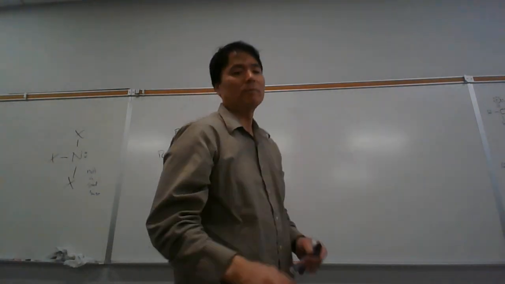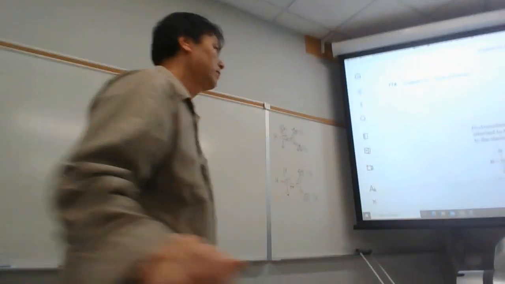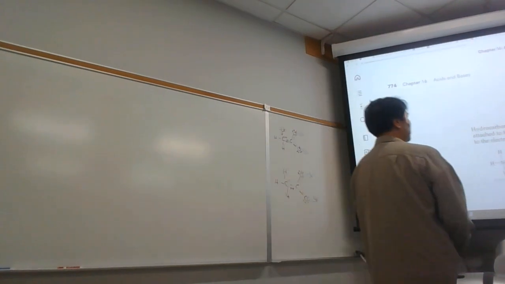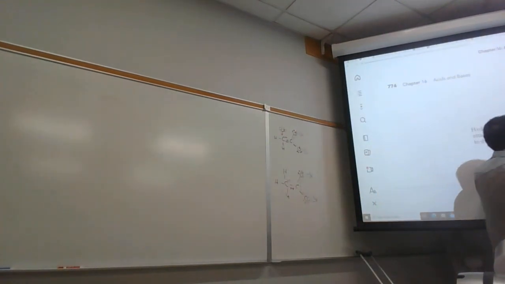So in other words, we want more negative charge. How would you explain this, ammonia versus bromamine? You would explain it based on what? The inductive effect, right? Bromine's sucking electron density. Even though nitrogen's more electronegative, bromine's going to put up a fight.